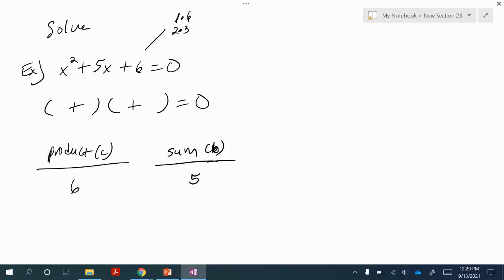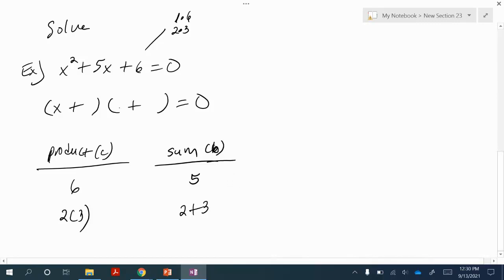So what two numbers are we going to use? Well, the two numbers we're going to use are 2 and 3, because 2 times 3 gives us 6, and 2 plus 3 gives us 5. So our two magic numbers are 2 and 3.